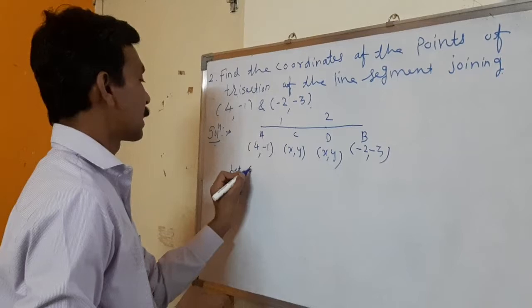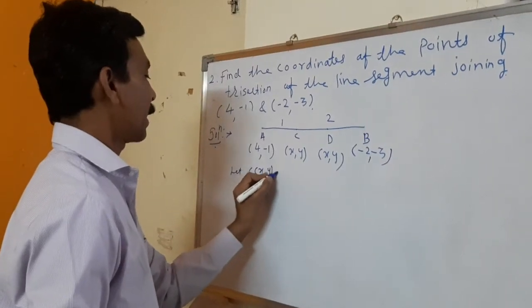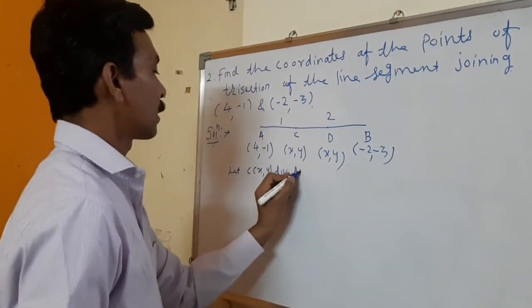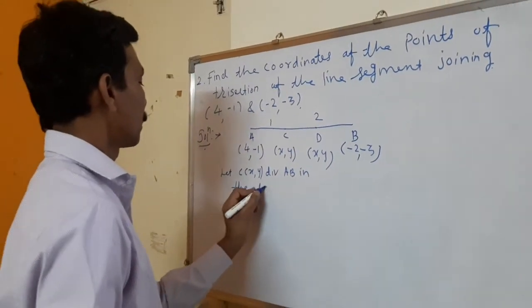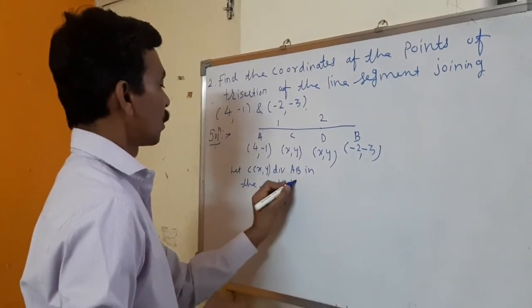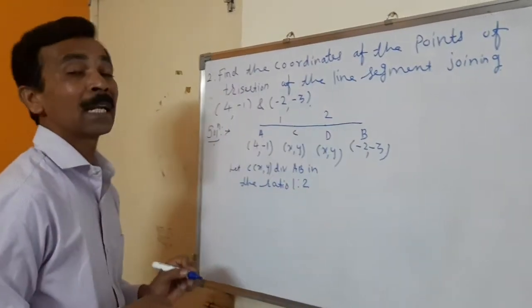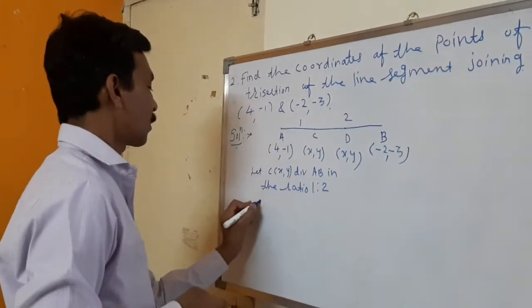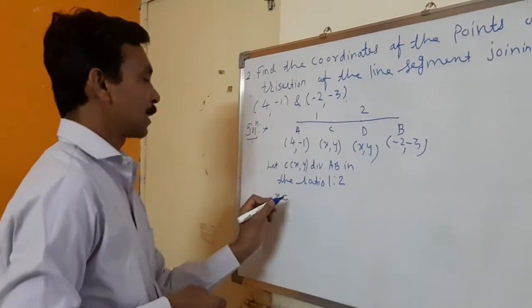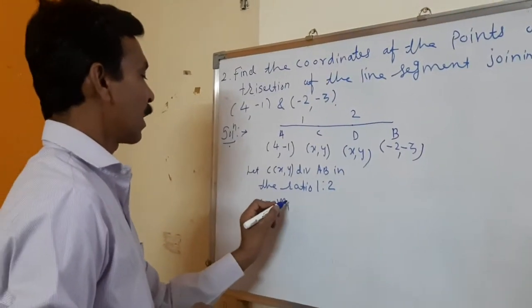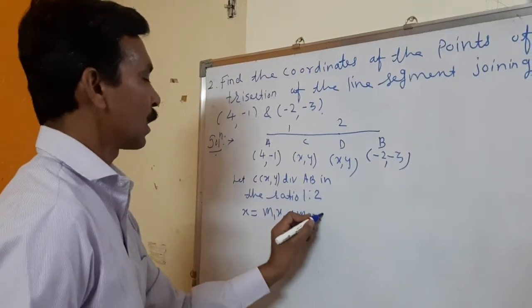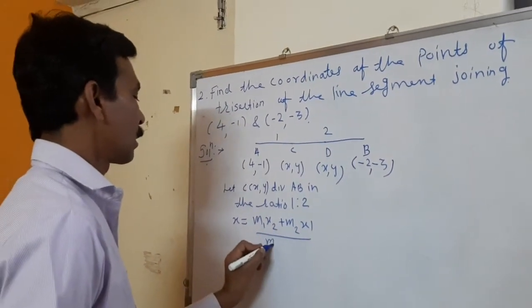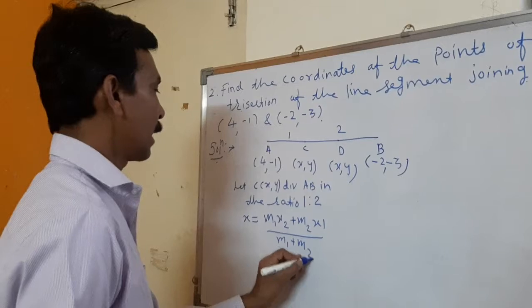Let C(x, y) divide AB in the ratio 1 is to 2, and then I will write the formula for the x coordinate. x is equal to (m1 x2 plus m2 x1) upon (m1 plus m2).